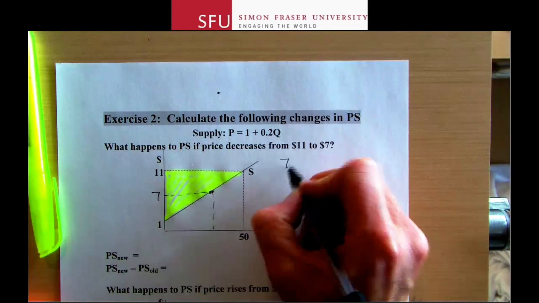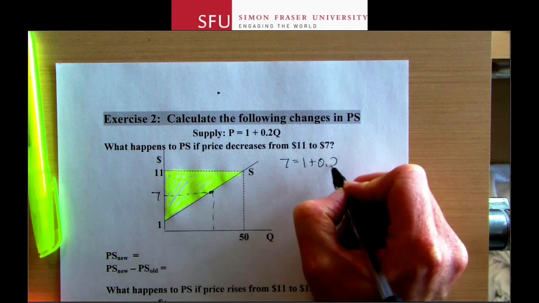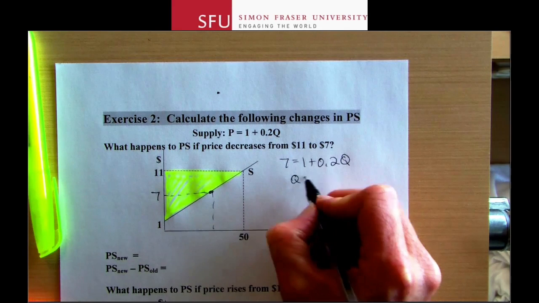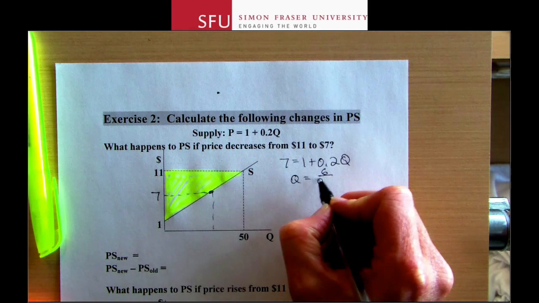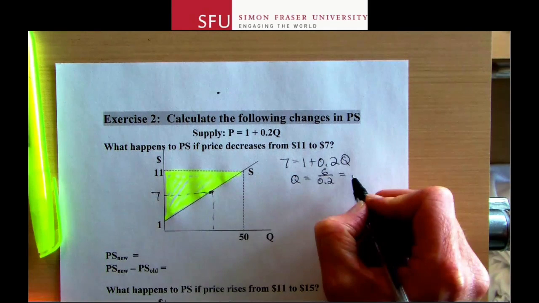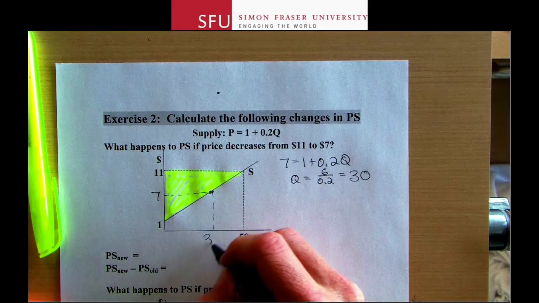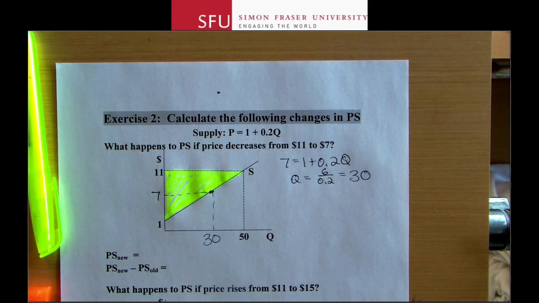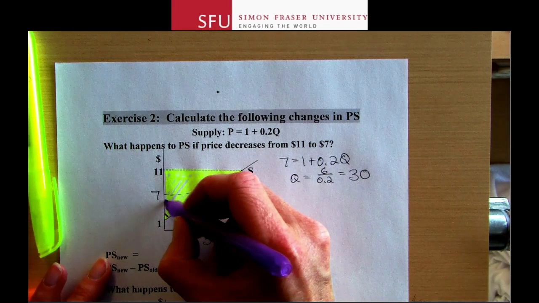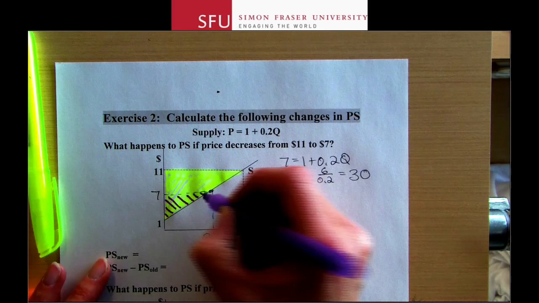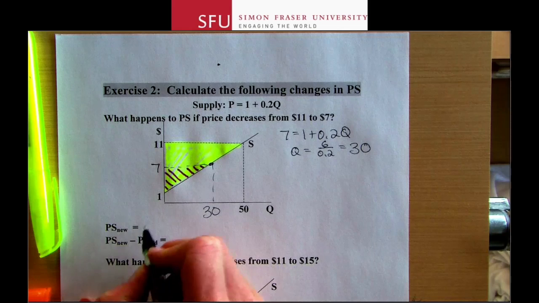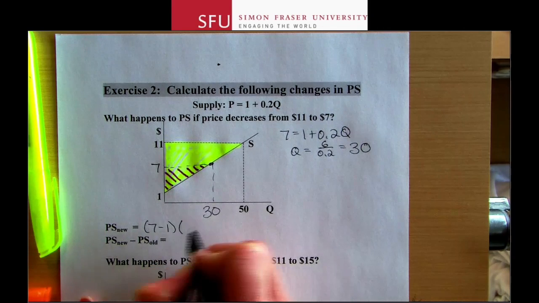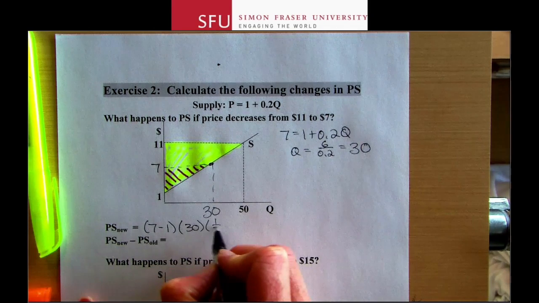Okay, so using the function, that will be 30. And so then their new producer surplus will just be here. And we will calculate that new producer surplus. Okay, so 7 minus 1 times 30 times a half.